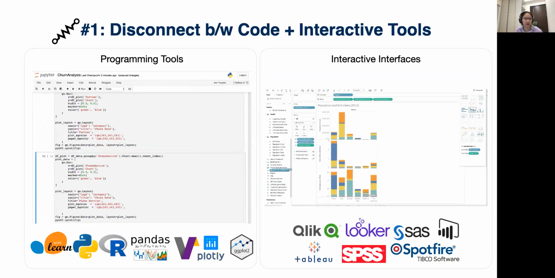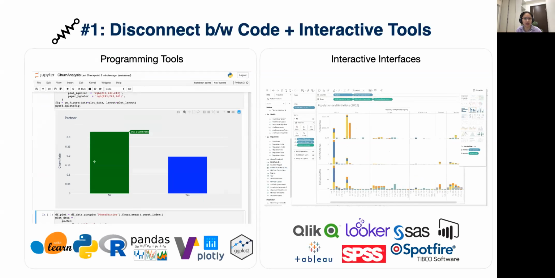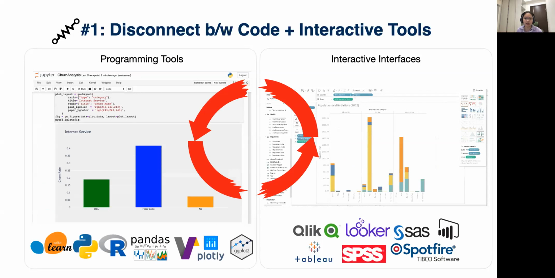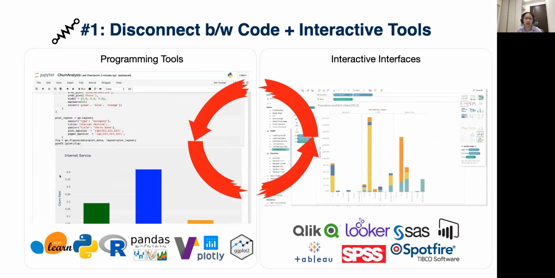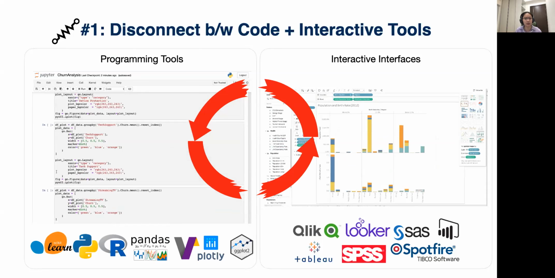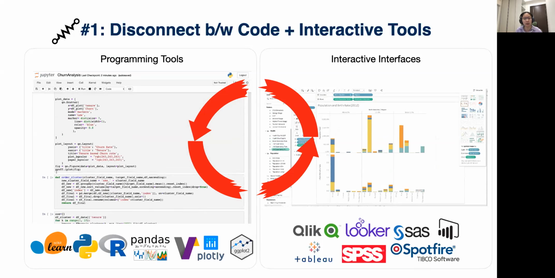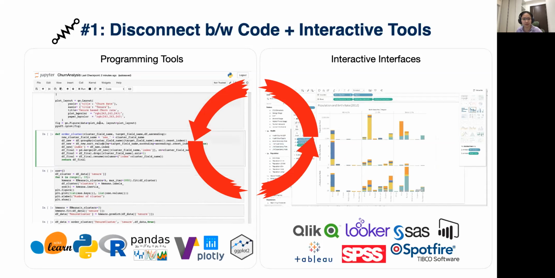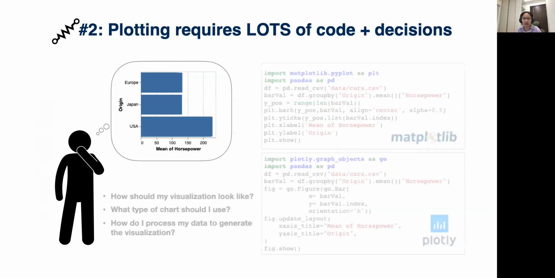However, most of these systems are limited in terms of the flexibility of the tasks that they support and are very hard to customize. That means that there's a huge disconnect between these 2 classes of tools. And from a user's perspective, having to import and export to and from these 2 classes of tools presents a barrier to exploration.